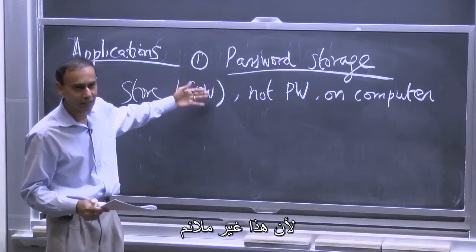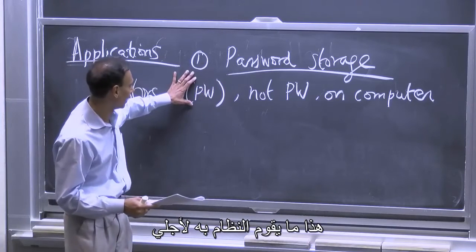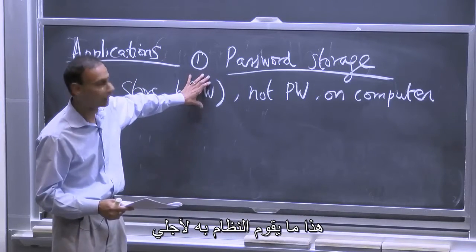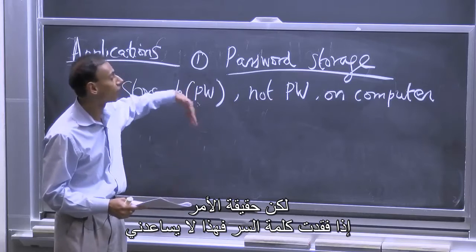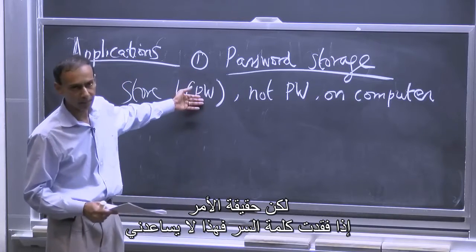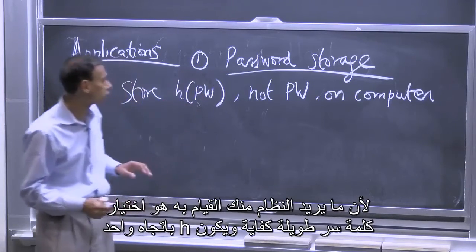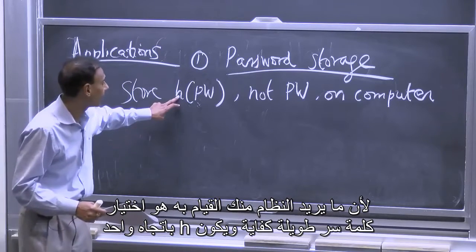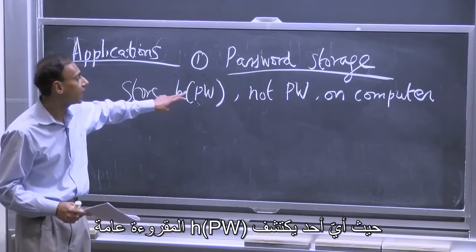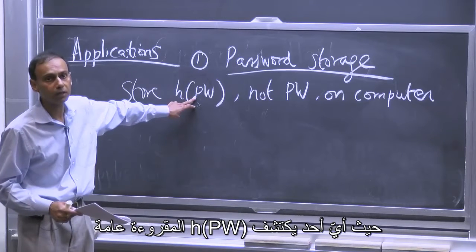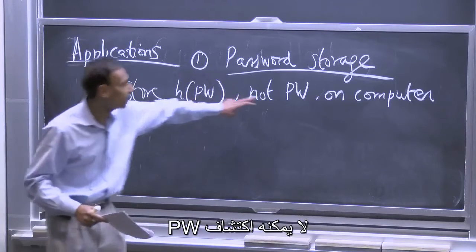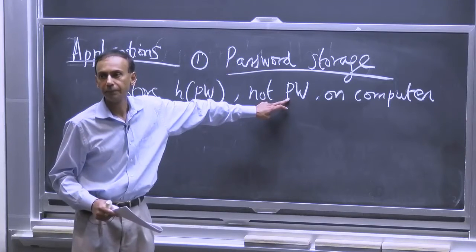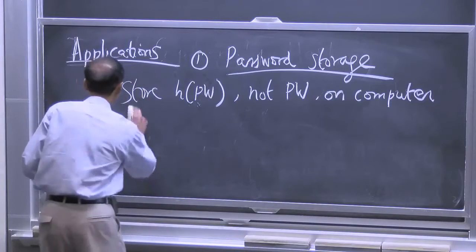Because this is so inconvenient, right? So this is what the system does for me. But the fact of the matter is, if I lose my password, this doesn't help me. Because what the system wants you to do is choose a password that's long enough, and the H is one way. So anybody who discovers H of PW, which is publicly readable, cannot discover PW. All right? That's what's cool about this.